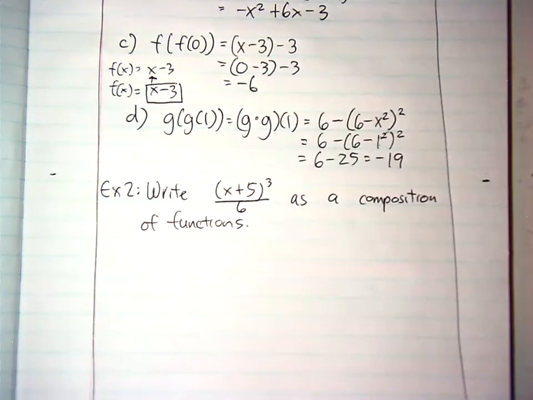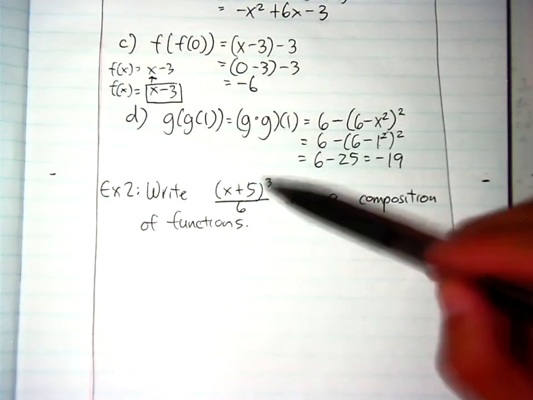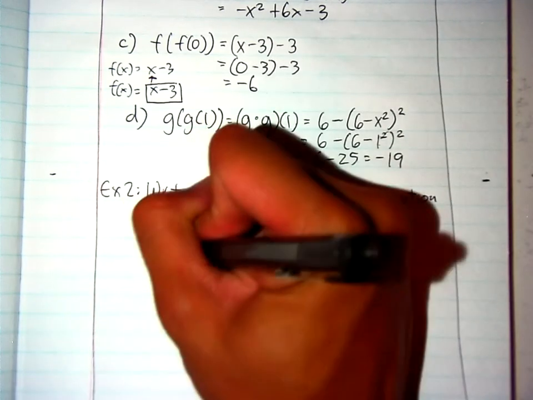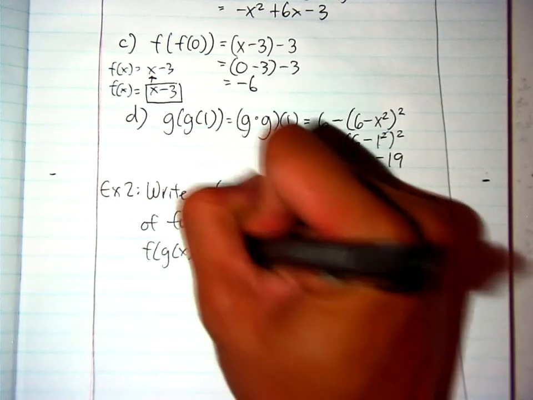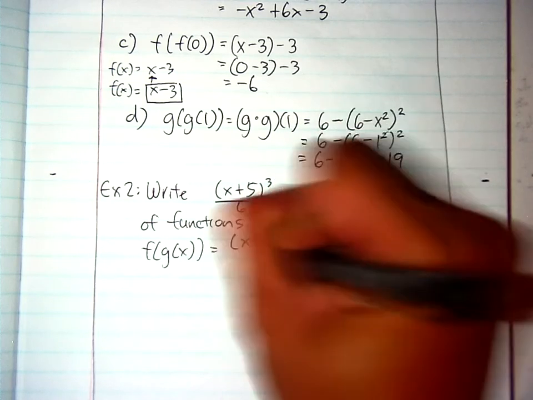So I'm going backwards in this case. This composite function is pretty much f of g of x. So I'm going to see this as f of g of x equals x plus 5 cubed over 6.